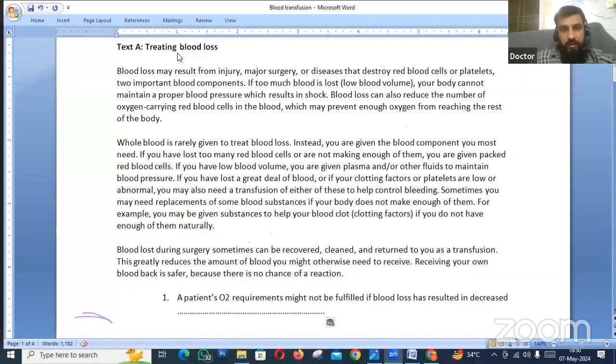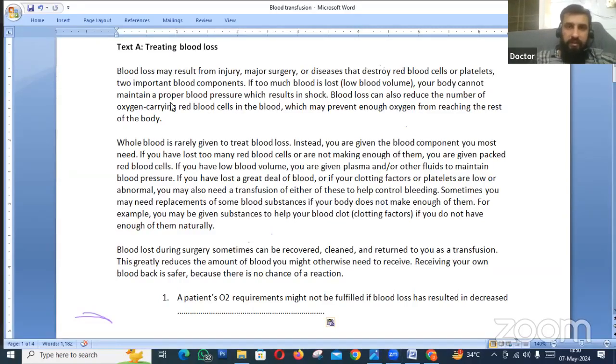Very good. Excellent. People on Facebook, try to find your answer also. What is your answer? Very good. Okay, excellent. So it's very easy.